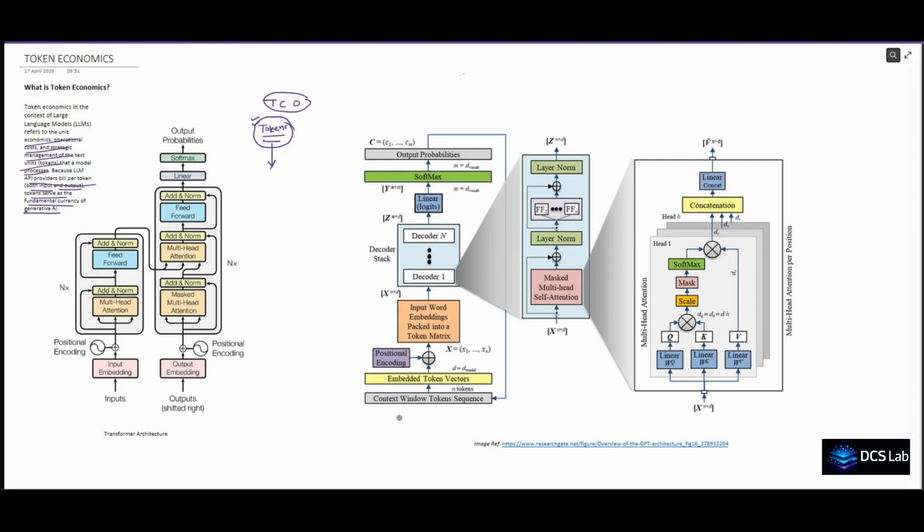Here we have GPT, the Generative Pre-trained Transformer architecture, taken from ResearchGate. This component, from here till here, is the GPT architecture. If you dive deeper into the decoder component, this is the decoder unit.